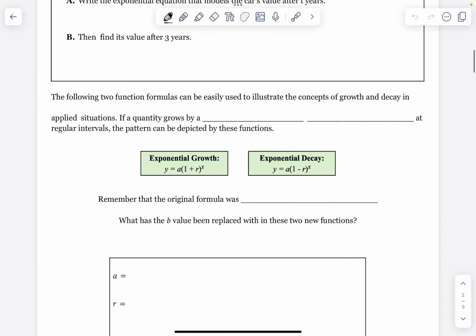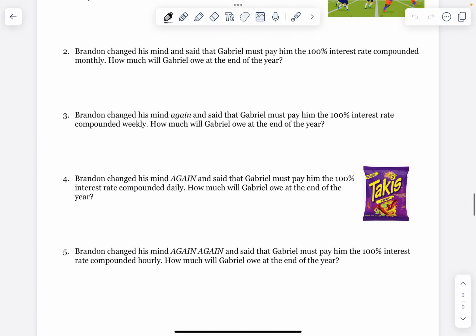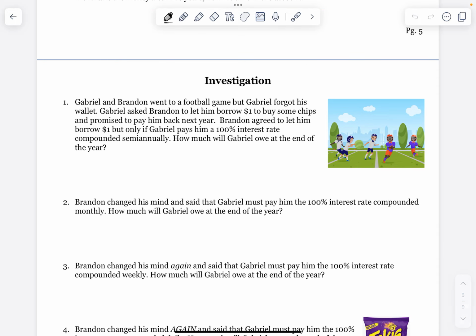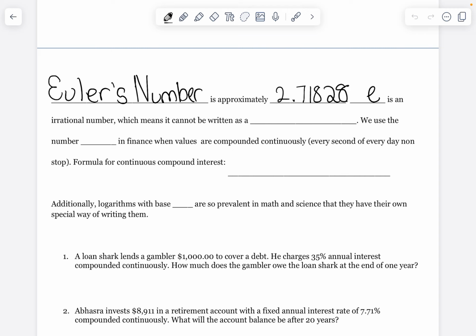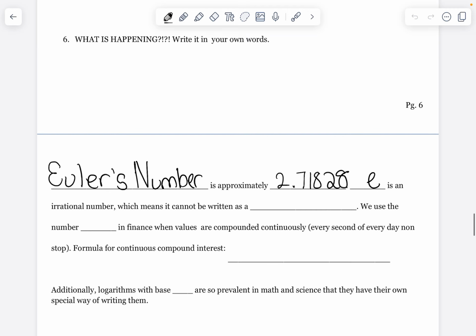Oh, actually, and then if you scroll further down on this packet, remember we did the activity with Gabriel and Brandon borrowing $1, and that's actually how we discovered Euler's number, which we learned is approximately 2.71828. The way that you get Euler's number is if you take the limit of n as it approaches infinity of 1 plus 1 over n to the power of n.